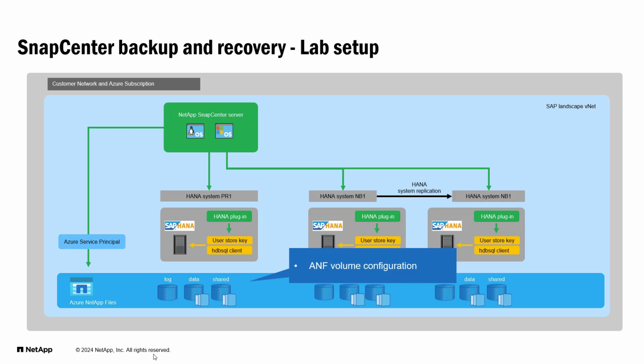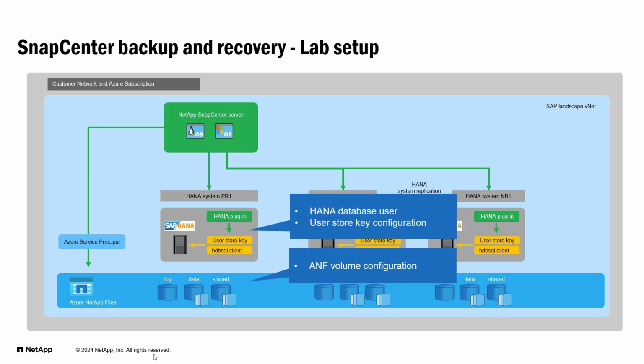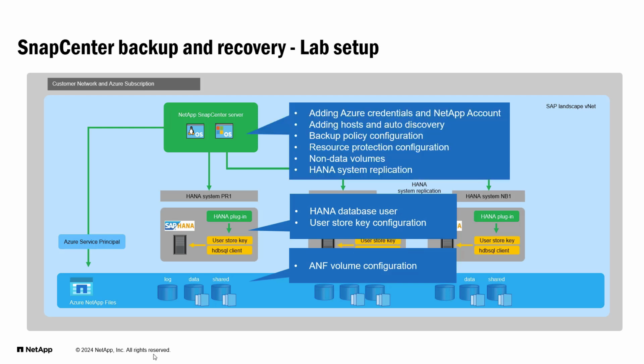Within the demo, we will first have a look at the ANF volume configuration for our demo system PR1. We will then create a HANA database user and user store key, which will be used by SnapCenter to access the HANA database. As a next step, we will make all required configuration within SnapCenter. First, we need to configure the credentials to access the ANF volumes using the Azure Service Principal and by selecting the corresponding NetApp account.